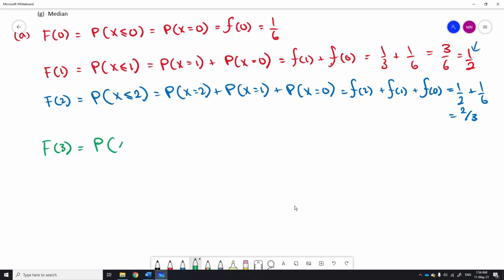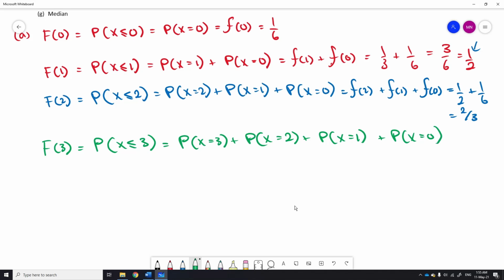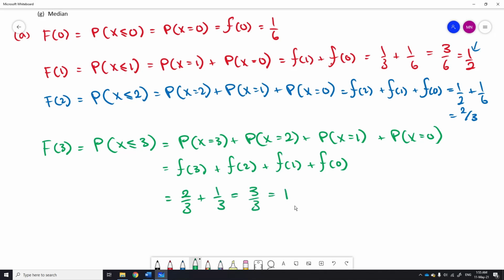So probability x less than or equal to 3. Alright, so our f3 means we take from the previous calculation, that is 2 over 3 plus f3, that is 1 over 3, so 3 over 3 equal to 1.